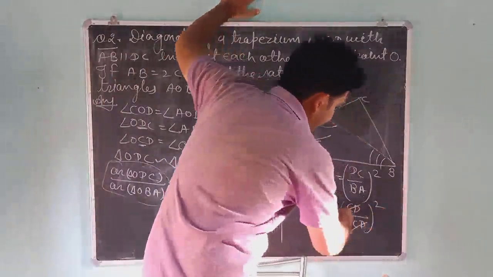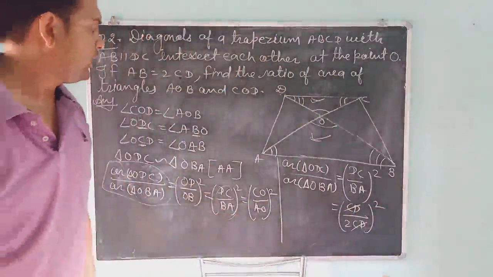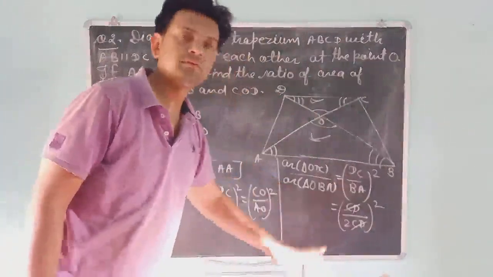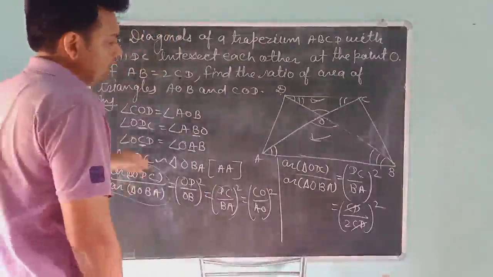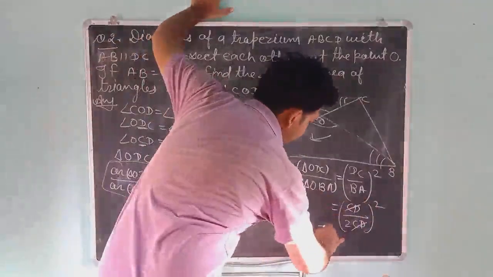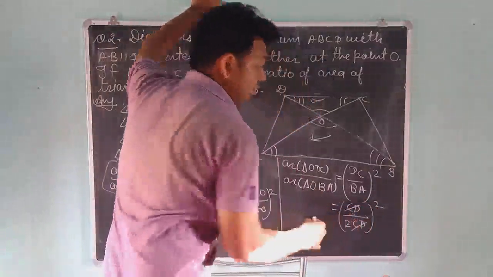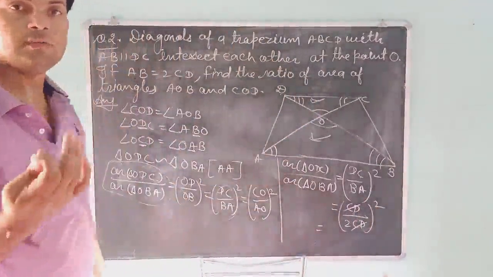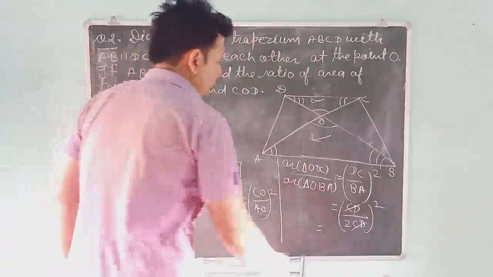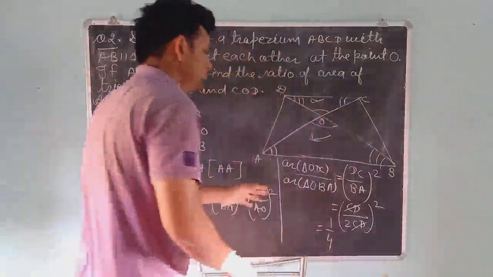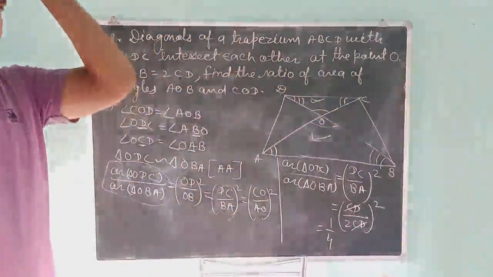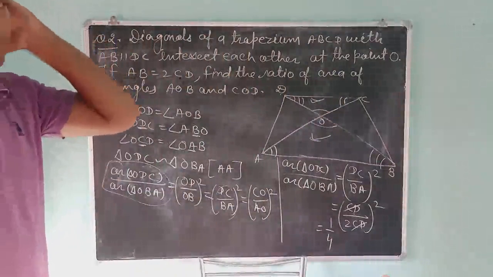CD and CD cancel, and I have only 1 upon 2, and also the square. So it will be 1 upon 2 whole square, which is 1 upon 4. This is our final answer. The ratio will be 1 upon 4.